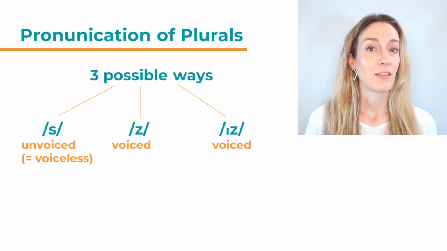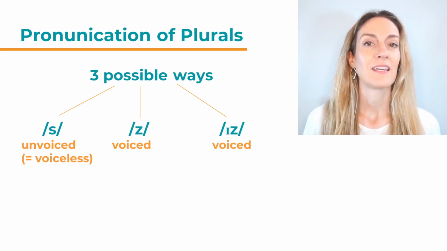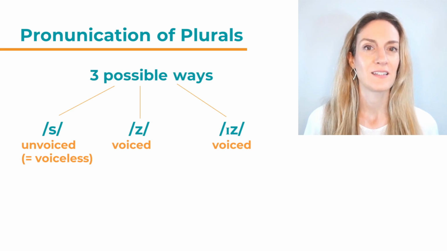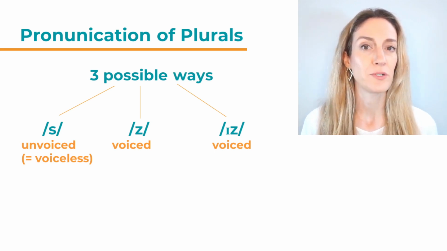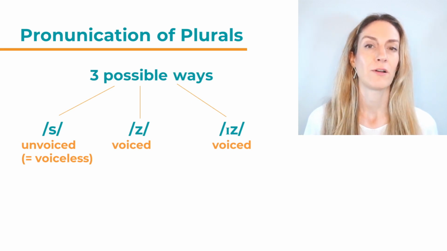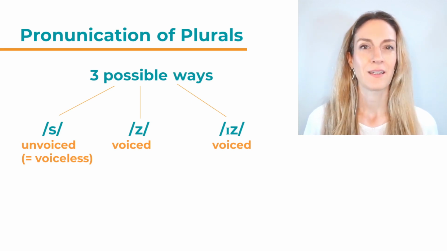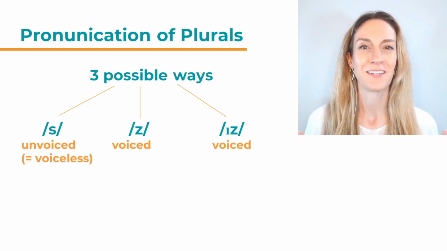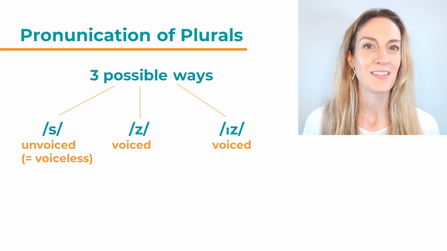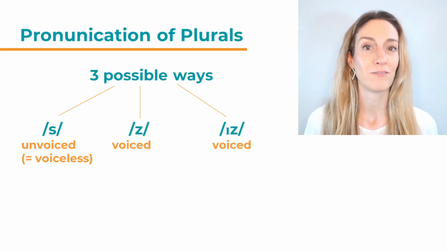And the third option is iz. Now, that is also voiced because we have the short vowel sound i followed by z. And together, iz. You can always do the test and feel the vibration. If you do, that means the sound or the sounds are voiced.